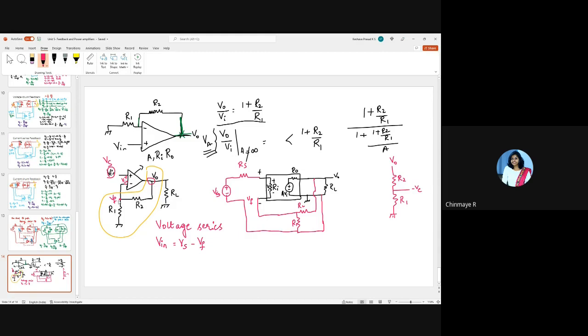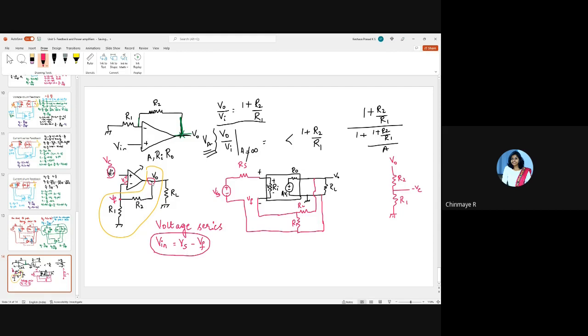Second thing is, if you're feeding back something across a resistor, then you're feeding back voltage, and therefore you will be able to represent voltage in this form. If you're feeding back something through a resistor, then it will definitely be current, and you will be able to represent current in this form. So I repeat again, what are the things that you should look for?